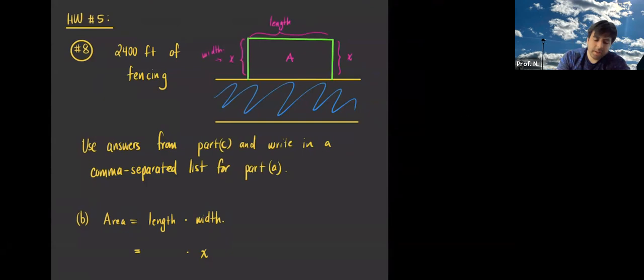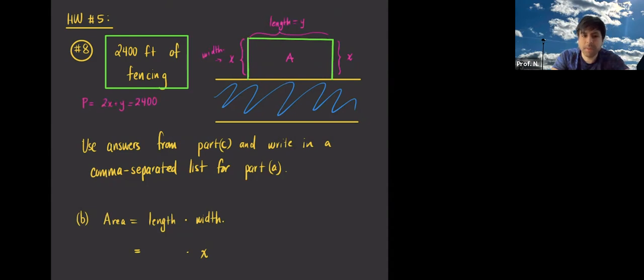So the key here, guys, is this. There's 2,400 feet of fencing. Suppose I didn't know what the length was, so I'm going to call it another variable, y. What I do know is that the perimeter of this field, which is only 3 sides covered by fencing, is going to equal what? 2x plus y, which equals 2,400.